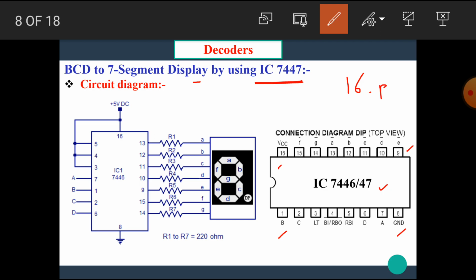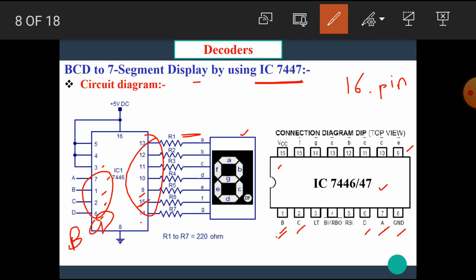That means this IC is of 16 pin and there are a total of 4 inputs A, B, C, D. Pin number 1, 2, 6 and 7 are the inputs used to provide the BCD data, and pin number 9 to 15 are the output pins which are used to give the 7 segment data for the 7 segment display.